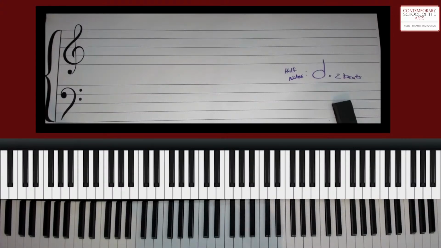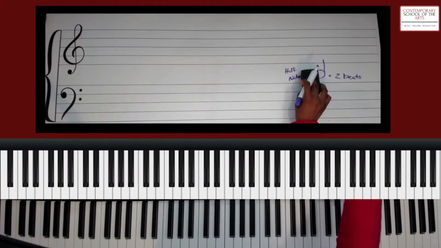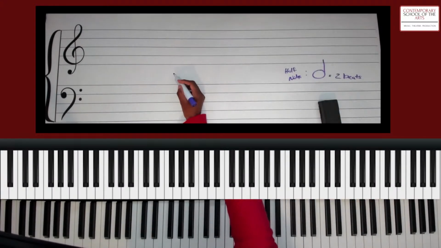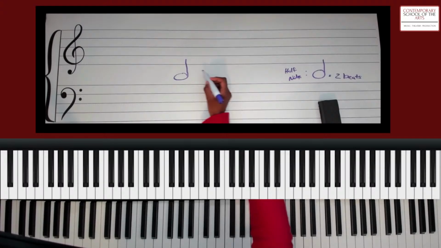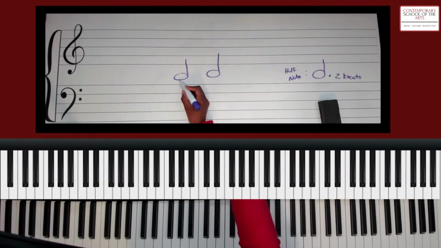So we know that a half note gets 2 beats, right? But now what happens if I have, and you can draw with me, you can draw your notes, here's my note head, here's my stem. Now I'm going to draw another half note, and here's my note head with my stem. We know that one half note gets 2 beats.